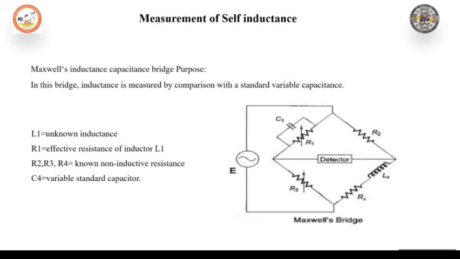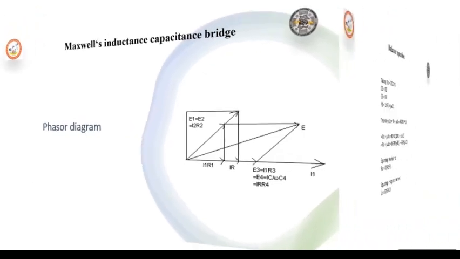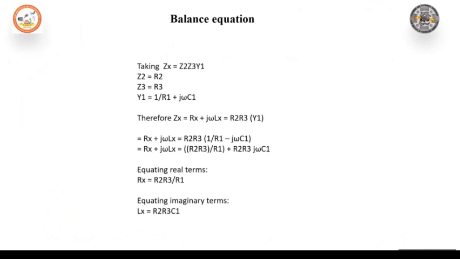So take the parallel, because 1 by j is equal to minus j. We have to find Rx plus j omega Lx. Similarly, we have to equate real parts as well as imaginary parts. When I do that, I get the equation finally, Rx is equal to what?